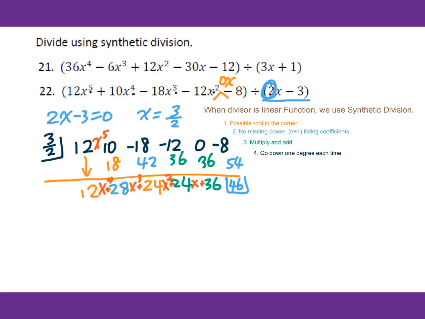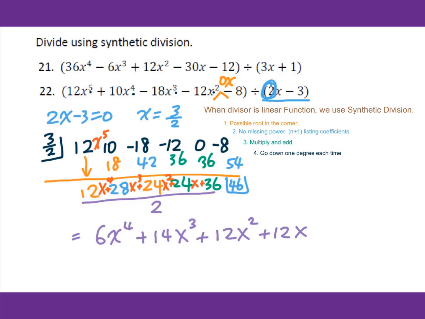So we divided by 2 again. You will get 6x⁴ + 14x³ + 12x² + 12x + 18. Remember, your remainder won't change, so plus 46 over 2x minus 3.